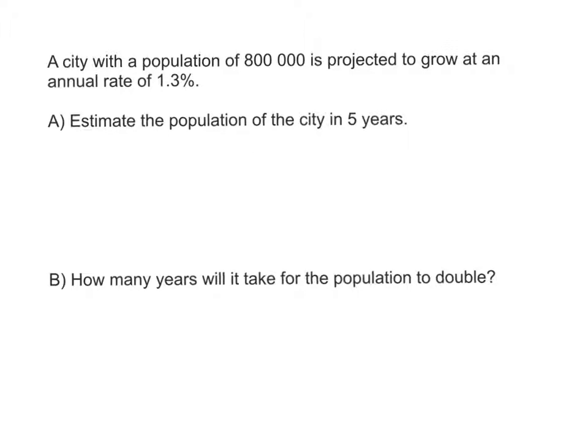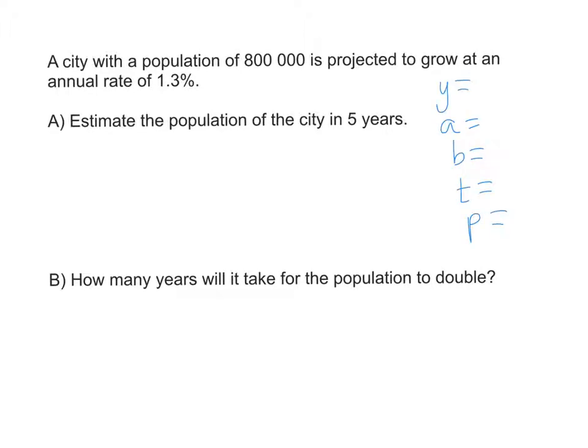It's projected that it will grow at an annual rate of 1.3% per year, but nobody knows for sure that that's exactly what will happen. That's why it's called estimate, not because I want you to guess at your answer. We're actually going to calculate the answer, but it's an estimate because nobody can actually see into the future and know for sure that that's exactly what's going to happen.